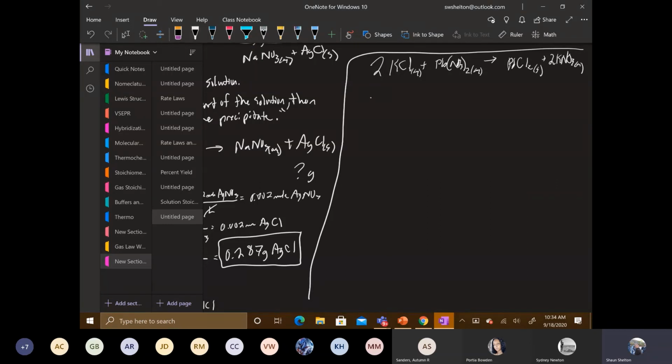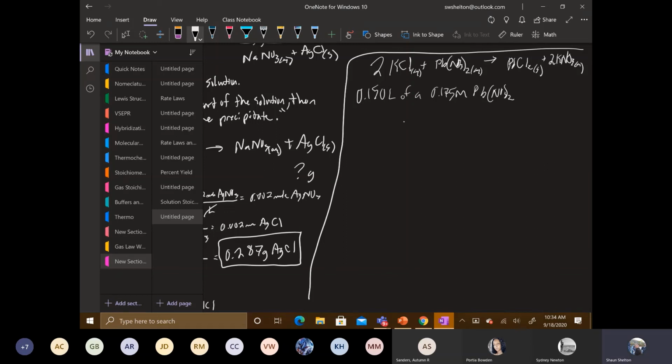Now, they give you 0.150 liters of a 0.175 molar Pb(NO3)2 solution.